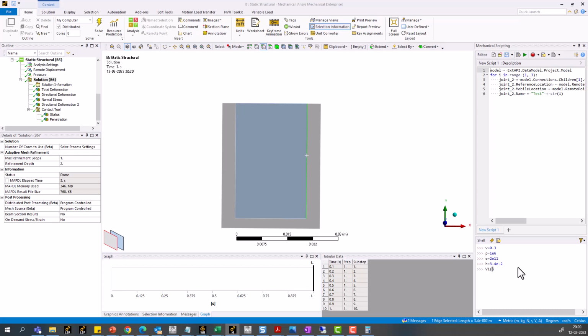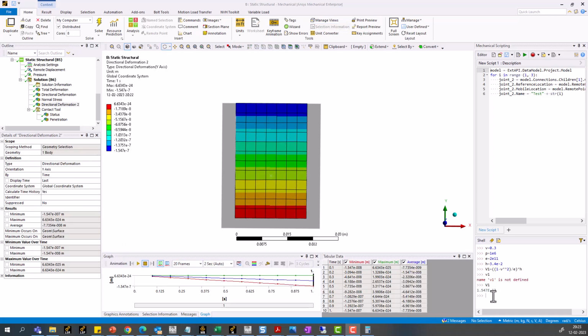I will call the displacement at height h V1. So V1 is equal to (1 minus v**2) divided by E, in brackets, into h.